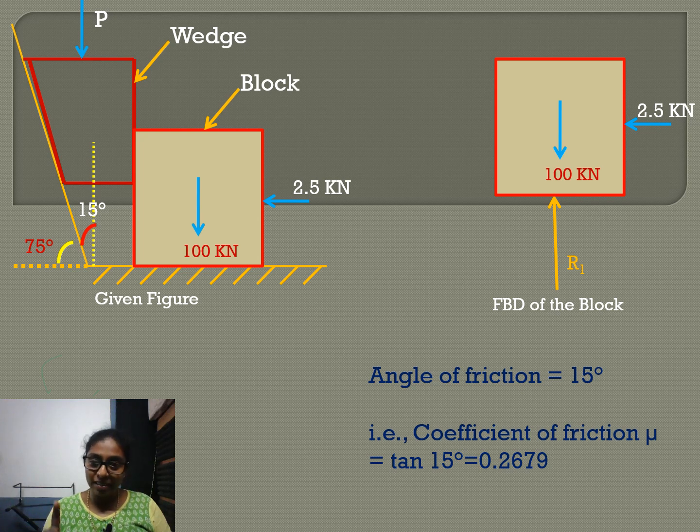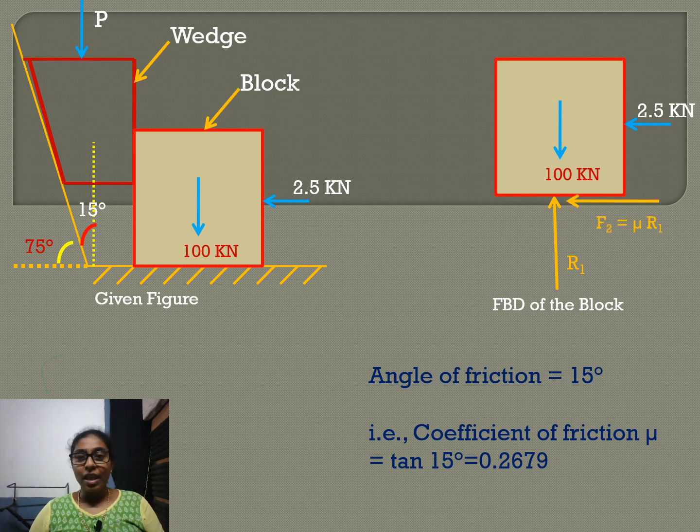You can see there, that is R1. Now the frictional force. R1 is the normal force. When there is a movement, a frictional force acts perpendicular to the normal force.